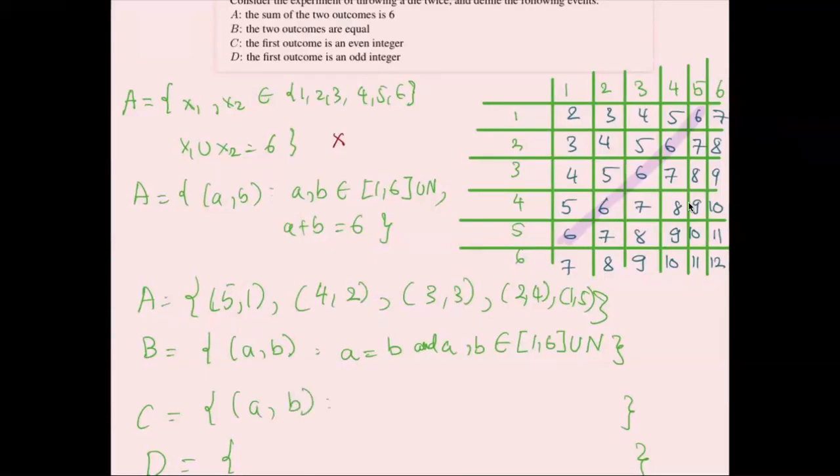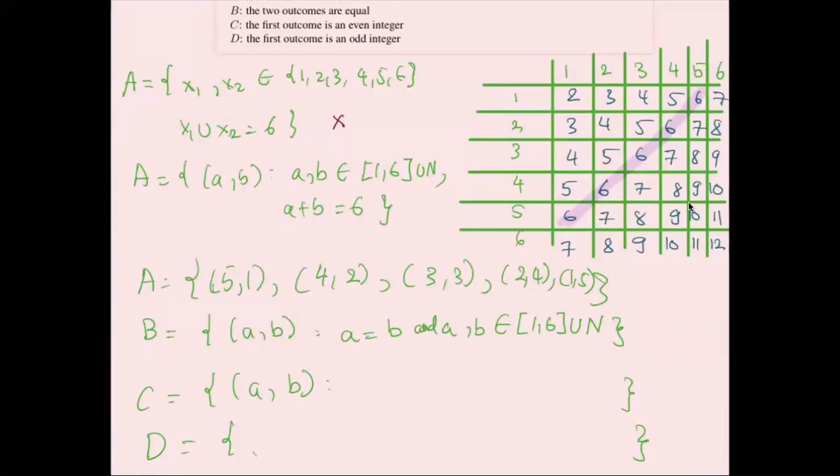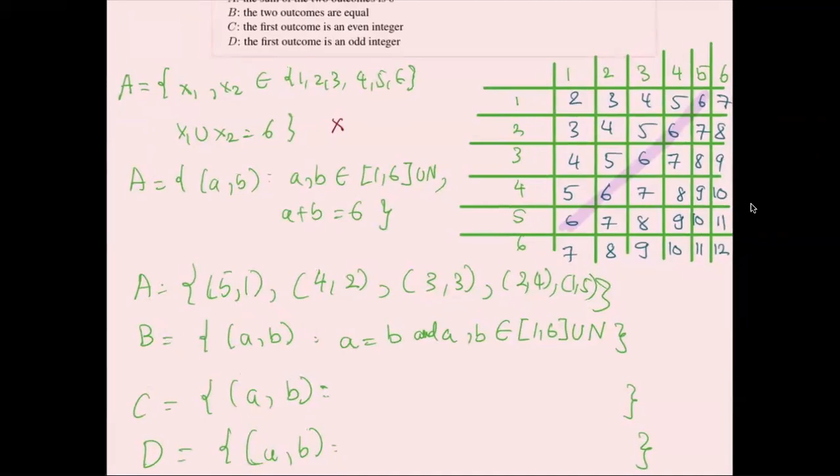The third one, first outcome is an even integer. What should we write here? A has to be even, right? And since A is the value on the die, it has to be between 1 and 6. So basically A can be 2, 4, and 6.